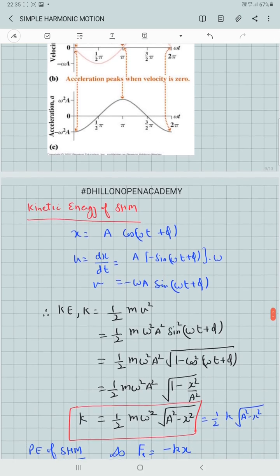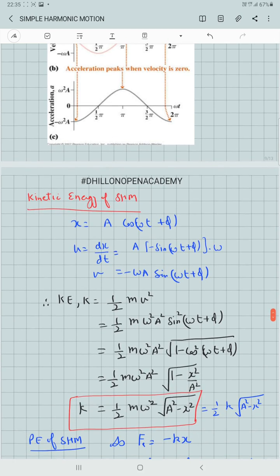Last, kinetic energy. We know that x is equal to A cos(ωt + φ), and velocity can be obtained from its time derivative, which will be minus ωA sin(ωt + φ).